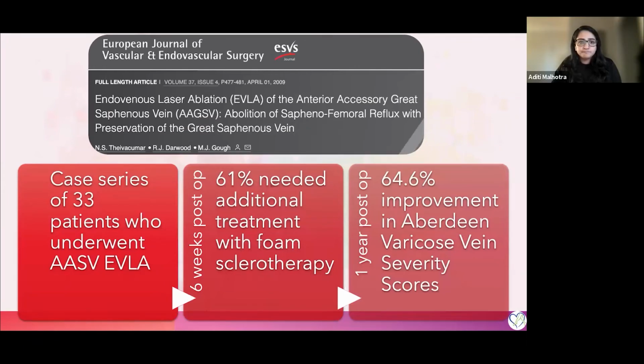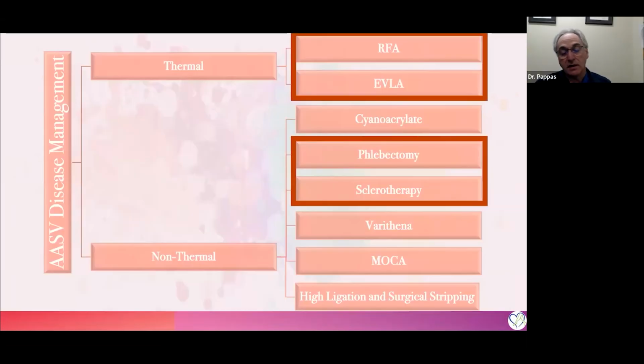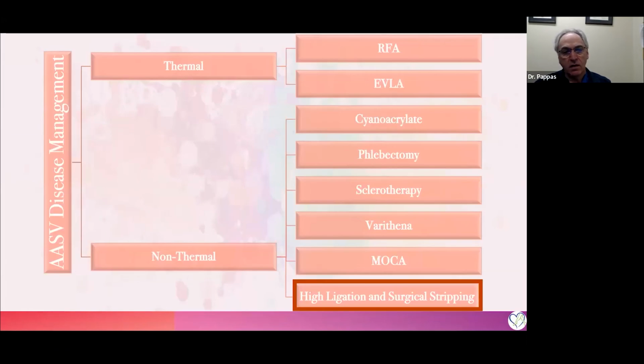Especially the one from the registry is a tough read because he has something like 600 patients in it, but almost every one of them had combined GSV and AAGSV disease.